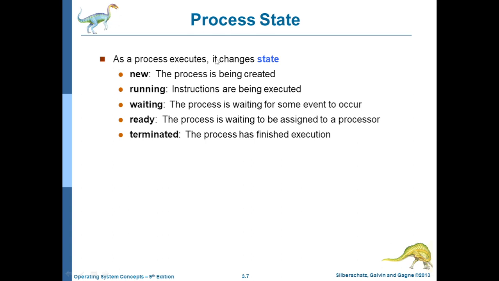A process is in the ready state, meaning it is ready to be assigned to a processor so that it starts executing. A process is terminated, meaning the process has finished its execution. These are the five states of a process: new, running, waiting, ready, terminated.